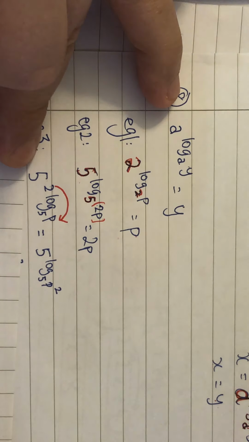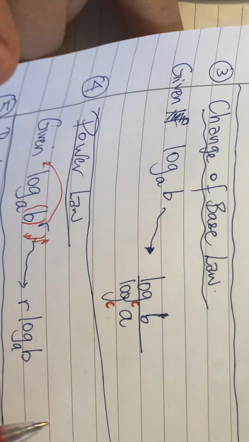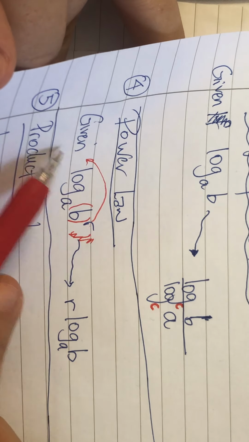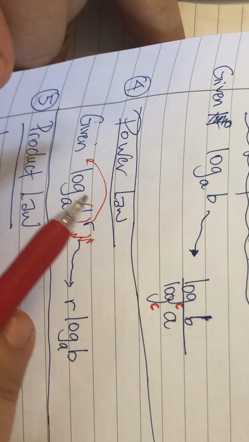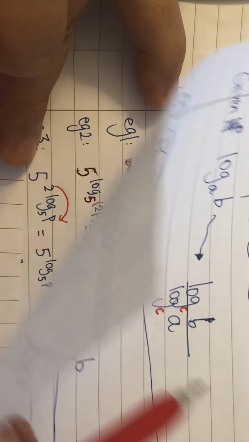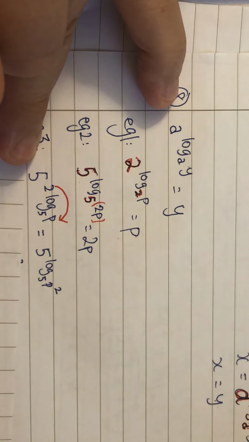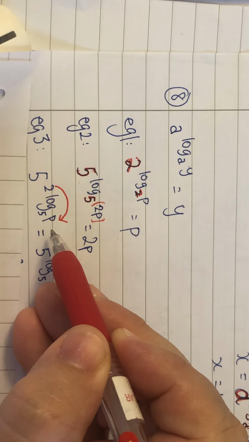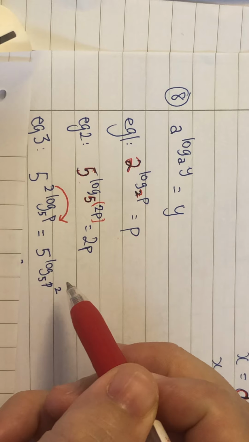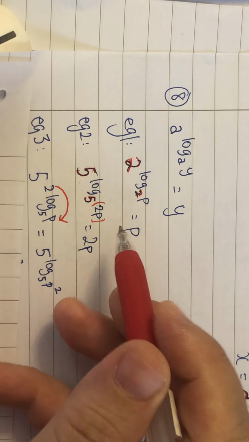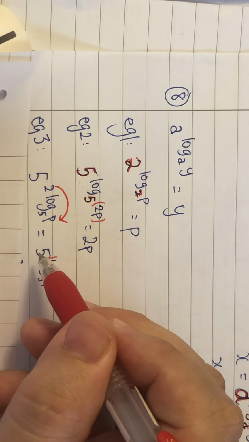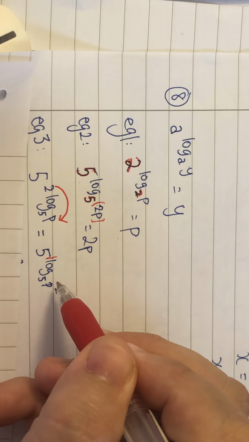Remember the power law? You can bring up, can bring down. You use the power law. You bring these two up here, then it becomes p squared. Then when this number here is 1, it means that it's 5 to the power of log base 5 here.